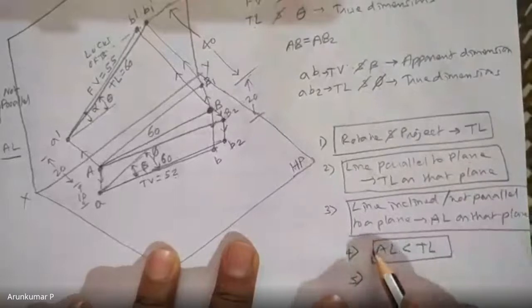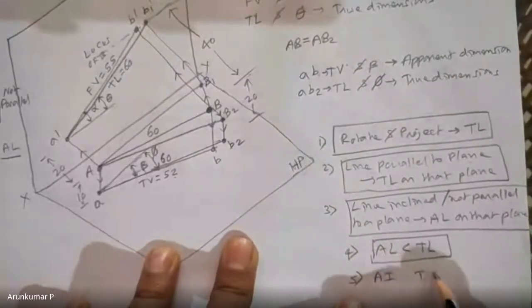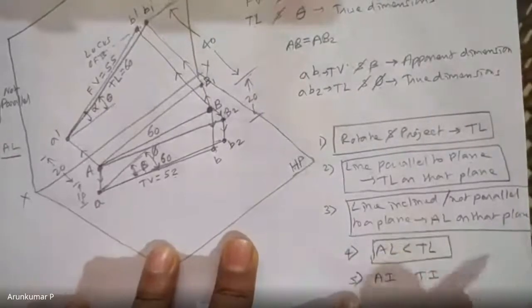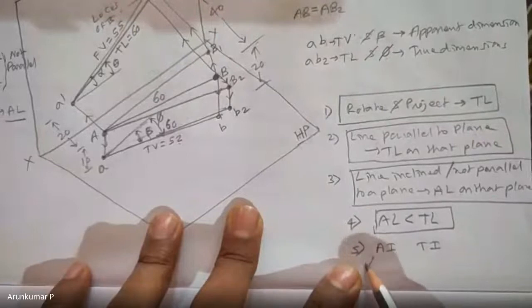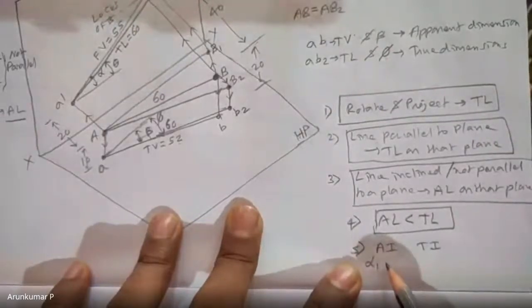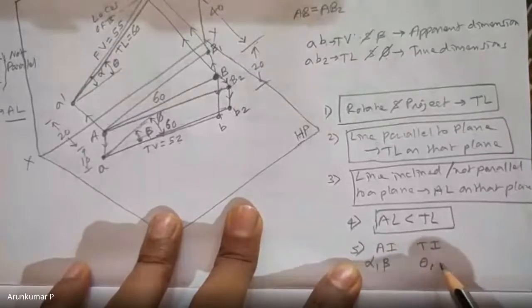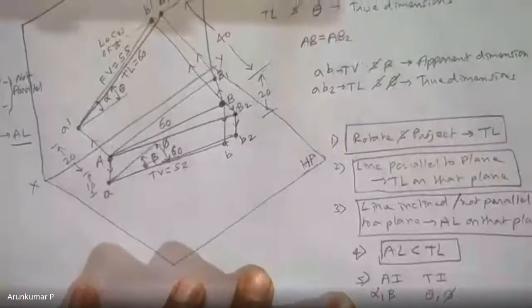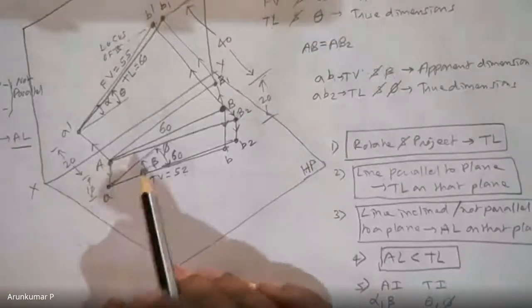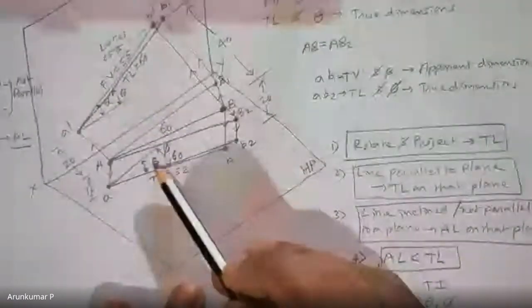What about apparent inclinations and true inclinations? Any idea? Apparent inclinations are your alpha and beta. True inclinations are theta and phi. What do you make of it? You can see here alpha, theta, beta, phi.